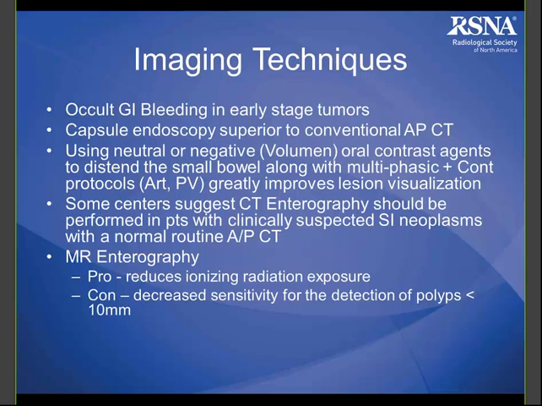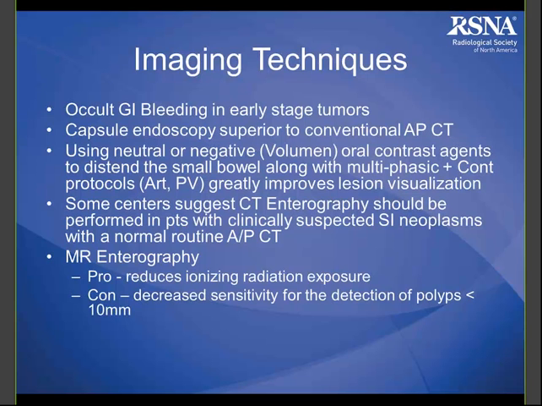Some centers suggest CT enterography should be performed in patients with clinically suspected small intestinal neoplasms if they've already had a normal routine CT abdomen pelvis for something else like vague abdominal pain. CT enterography is our go-to method to image these disease processes now.